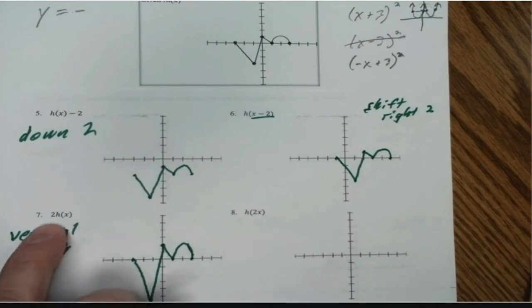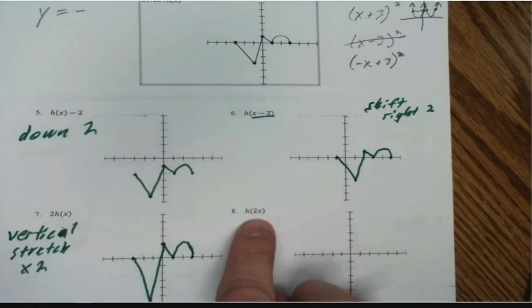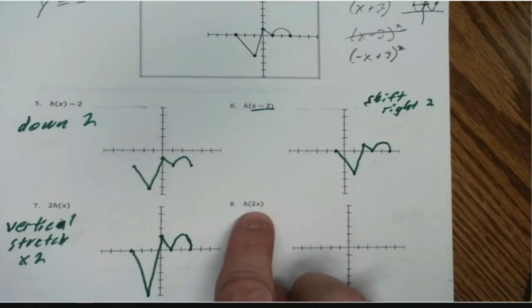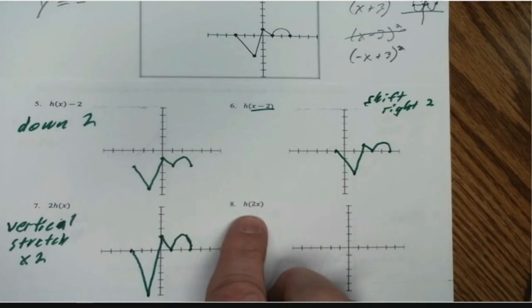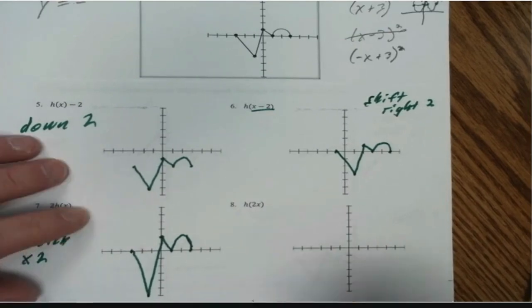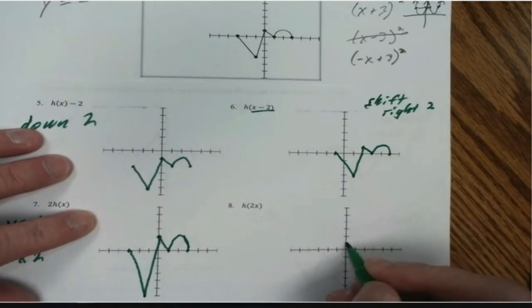Now we're going to take that 2, and instead of putting it in front, we're going to put it inside the parentheses. And it's going to be h of 2x. But you can figure that one out real easy. What's getting bigger, the x or the y? 2x is going to make the x bigger. Absolutely. Thank you. Good job, guys. So everything, the x is 0 for that point.